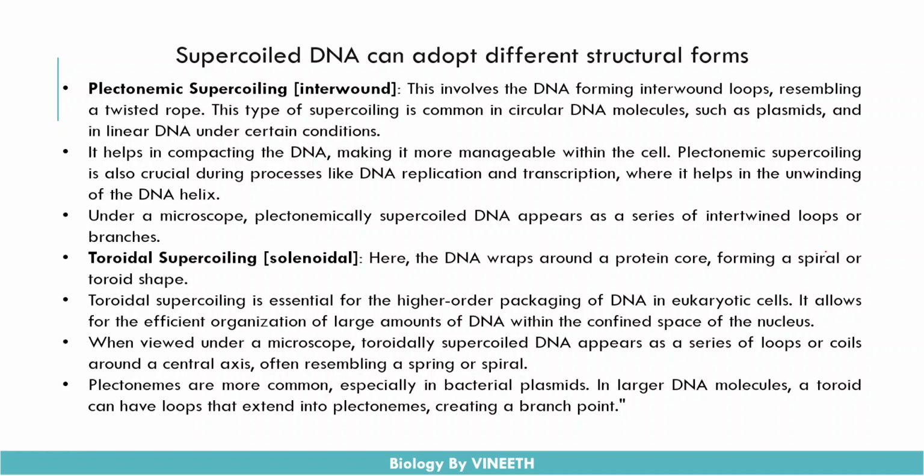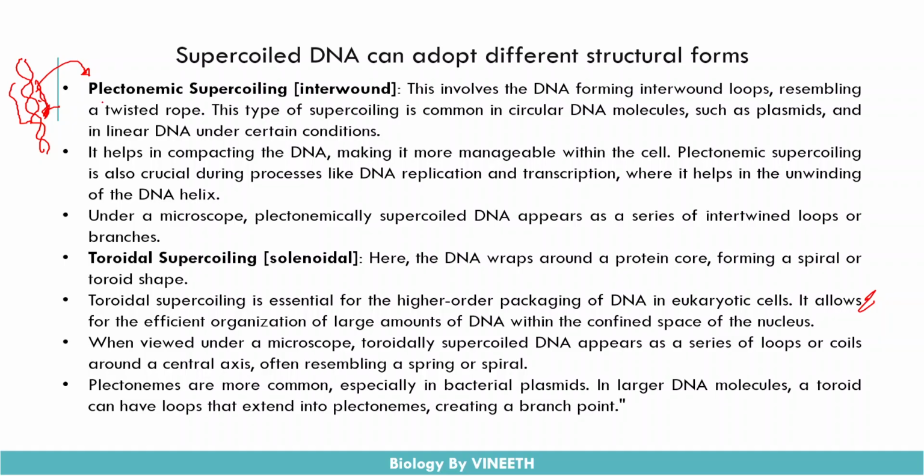In plectonemic supercoiling, whenever you introduce supercoiling in the middle of the DNA, that means whenever you interwind the DNA in the middle, suppose this is the DNA sequence and you induce some extra helical turns in the middle of the DNA in this part, this causes the interwinding, and this makes the DNA develop plectonemic supercoiling.